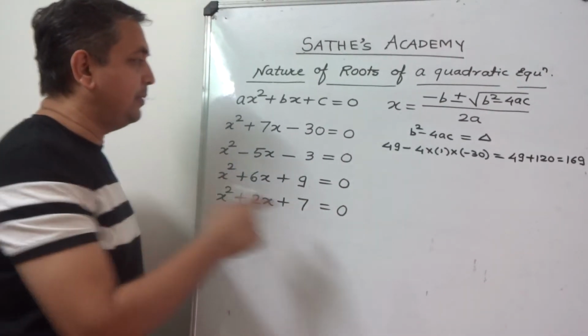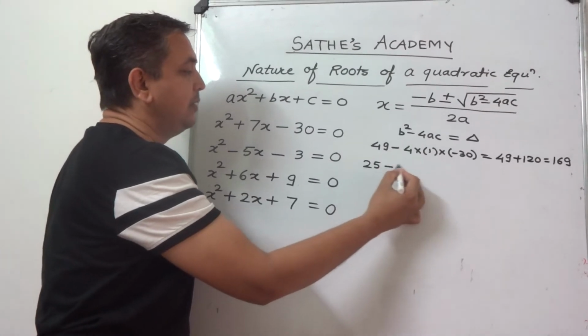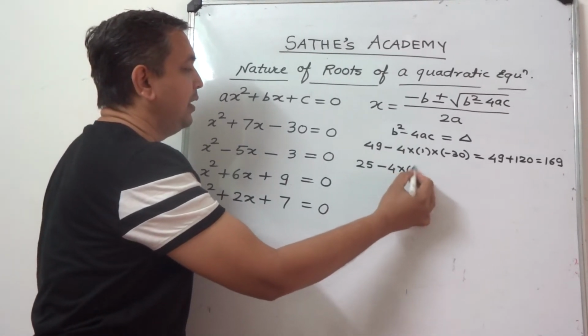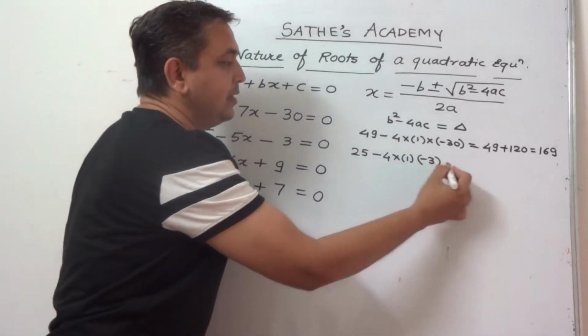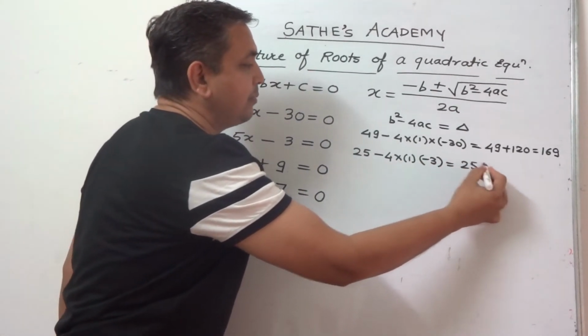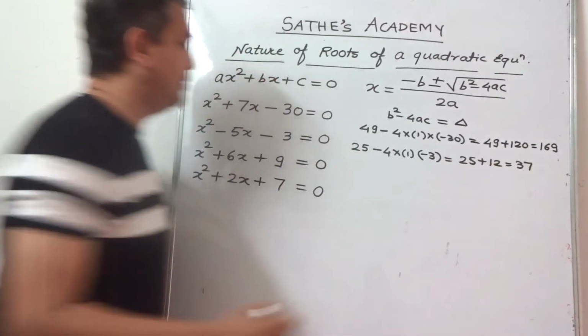In the second problem, b square, that is minus 5 square, is 25 minus 4a. In place of c we have minus 3, so we get 25 plus 12, that is equal to 37.